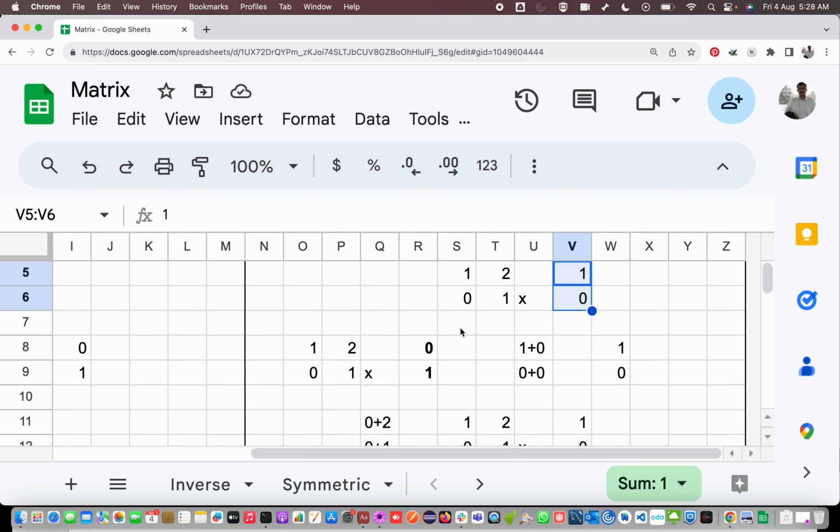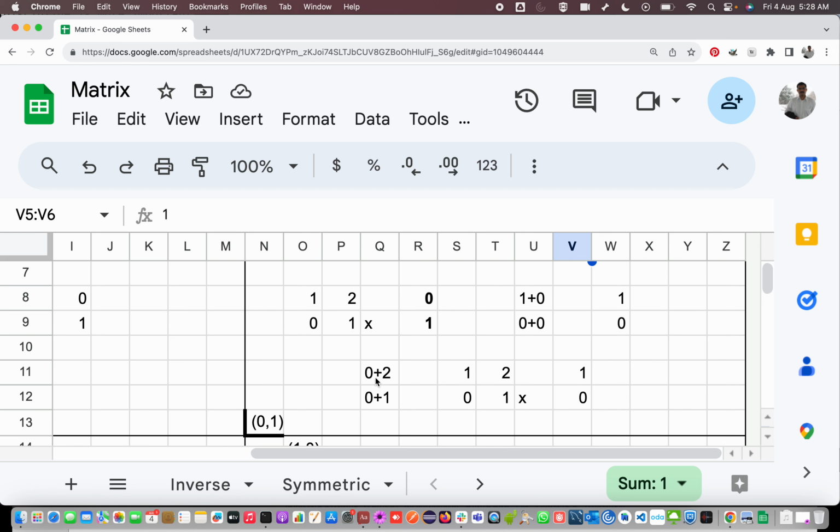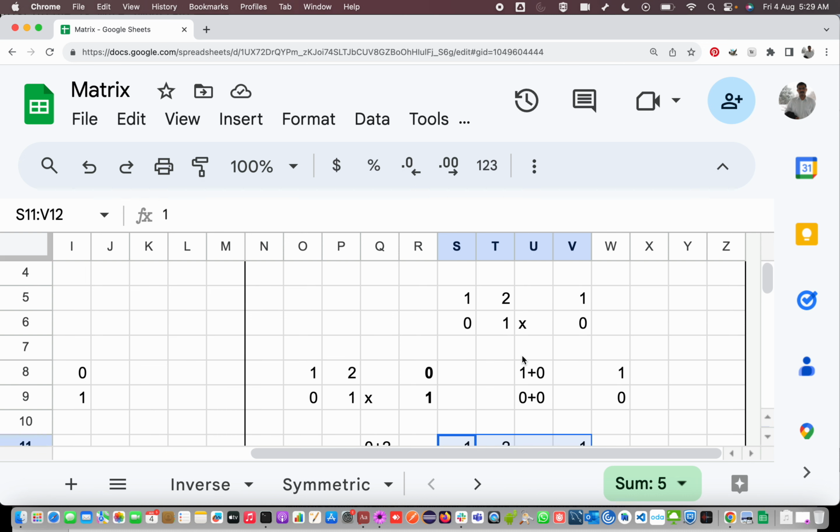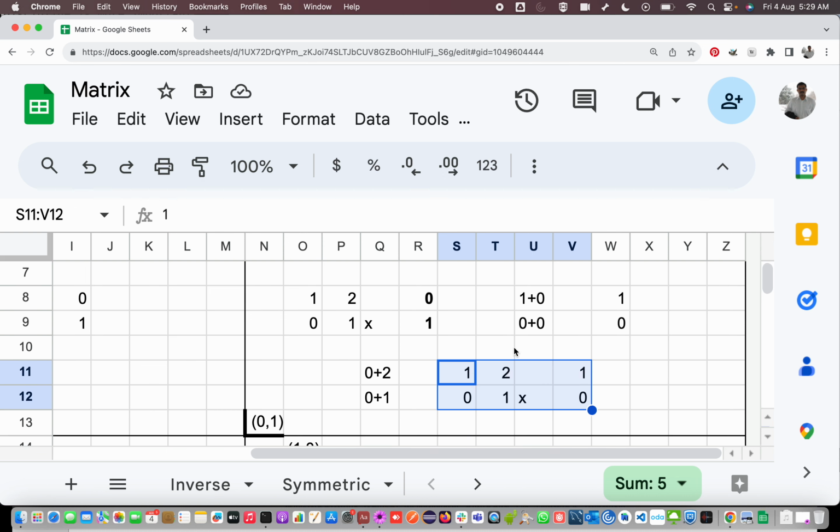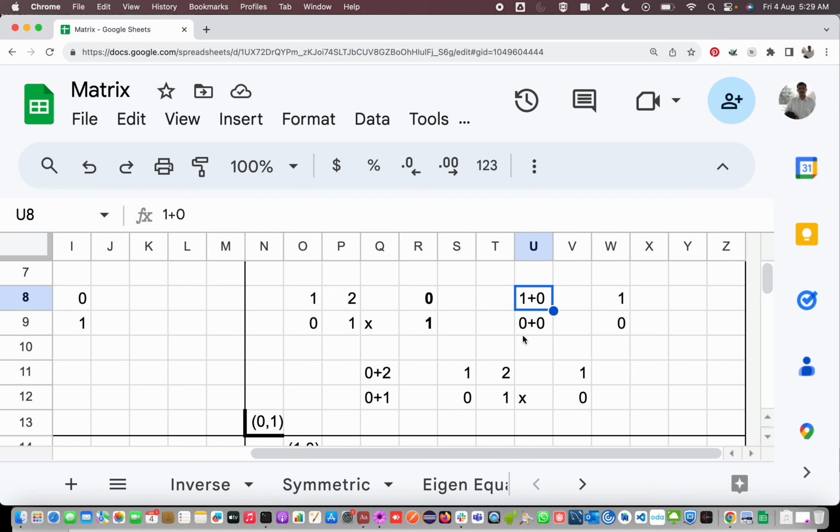After applying the transformation, this 1 comma 0 becomes 1 plus 0 and 0 plus 0, correct?